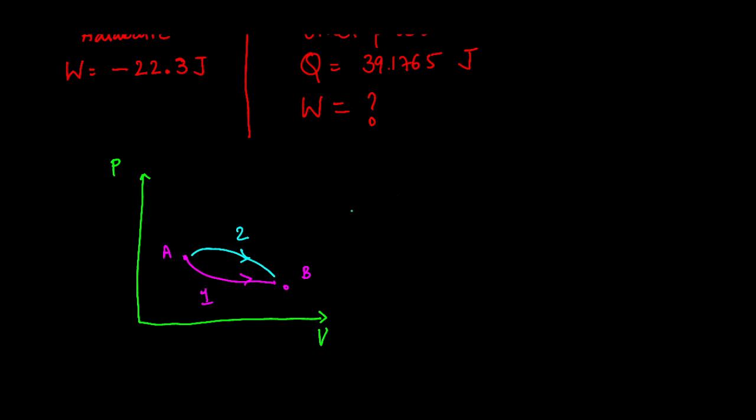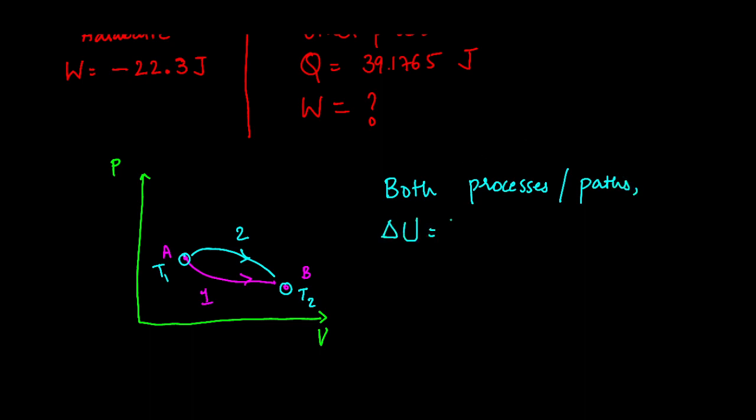Okay, now what happens by doing this? Do you agree that suppose at A temperature was T1 and at B temperature was T2, then in both cases, that is both processes or both paths, delta U, assuming ideal gas, will be equal to F by 2 mu R T2 minus F by 2 mu R T1.